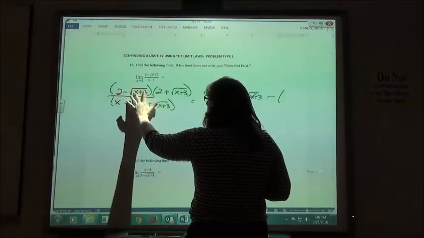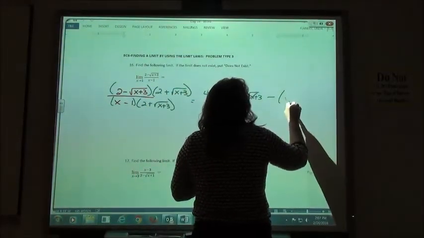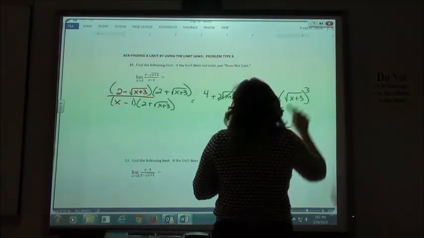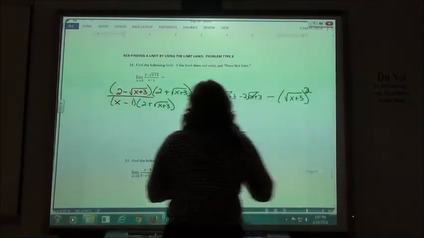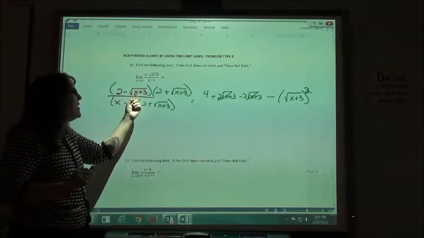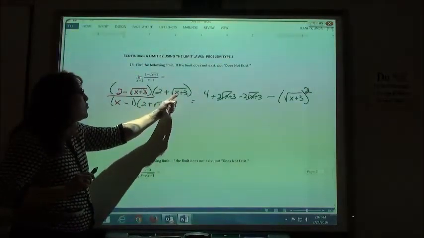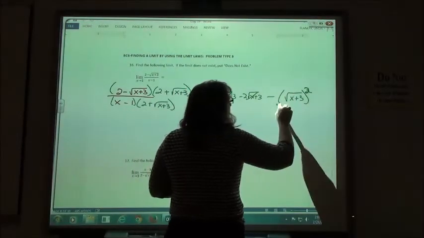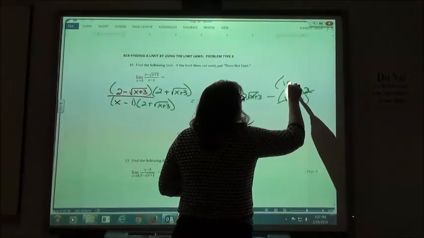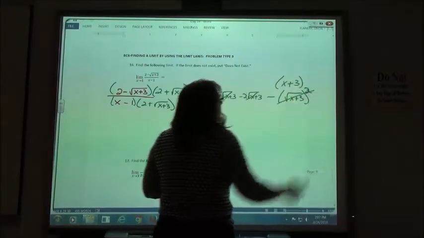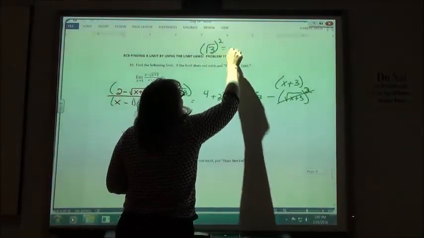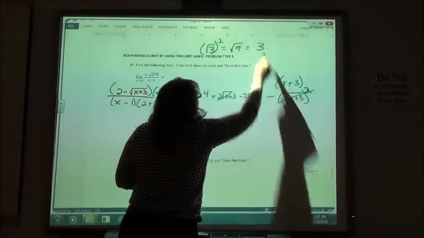And when I square this, I'm going to have the square root of x plus 3 squared, because I had that times itself, right? Square root of x plus 3 times the square root of x plus 3. Well, when I square that square root, it cancels out. So this is going to just be x plus 3. It's just like when you take the square root of 3 and you square it, you get the square root of 9, which ends up just being the 3.